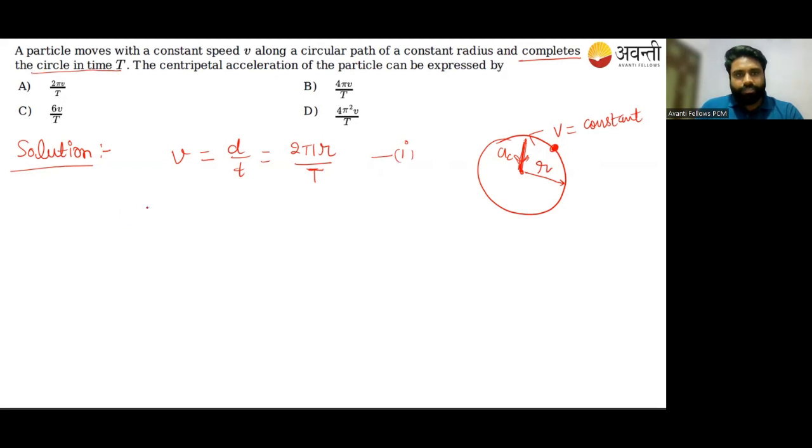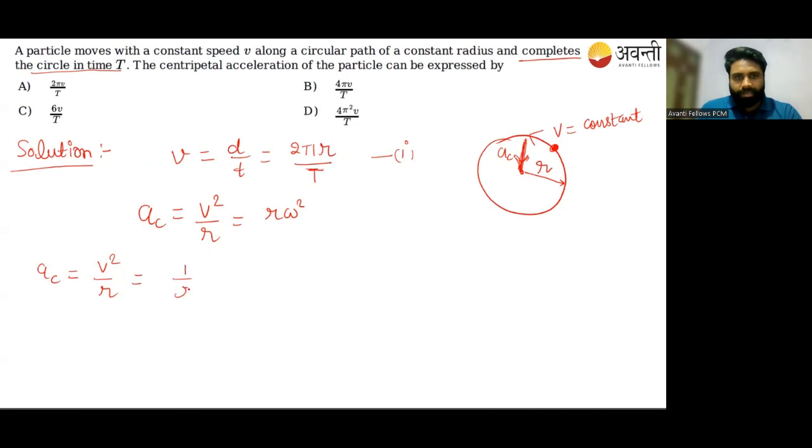Now, what is the formula for centripetal acceleration? It is v square by r, or if the angular velocity is given, it is written as r omega square. But here we are interested in v square by r. So we will take it further. V square by r. Put the value of v from equation number 1.